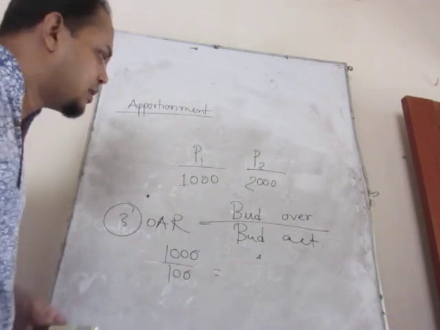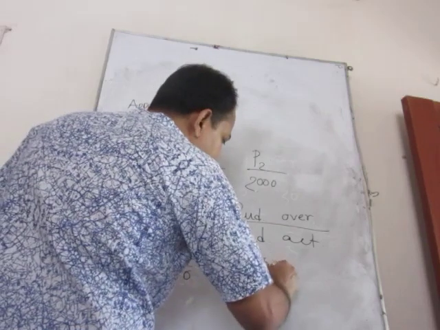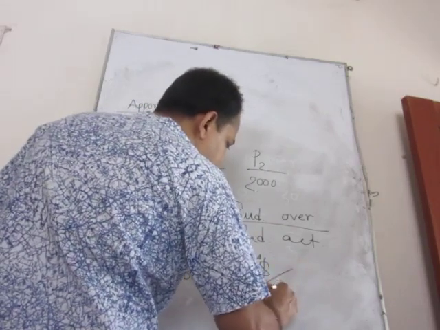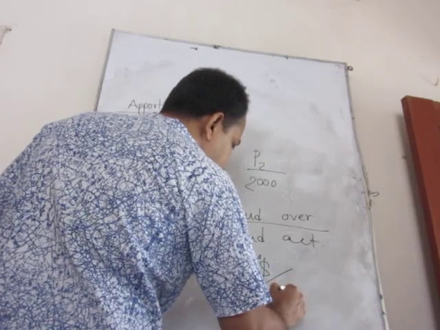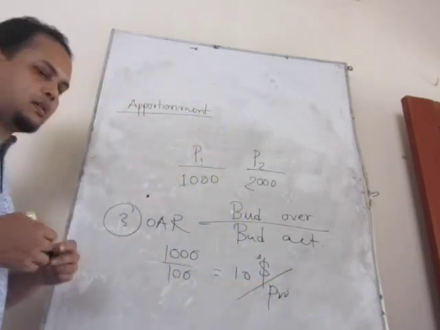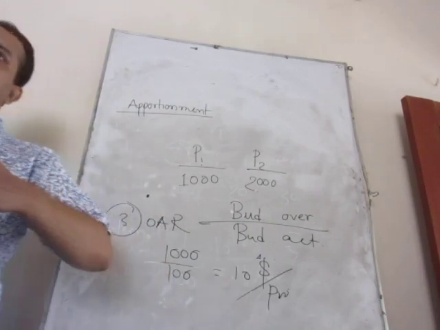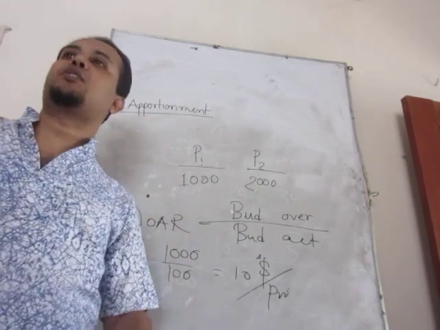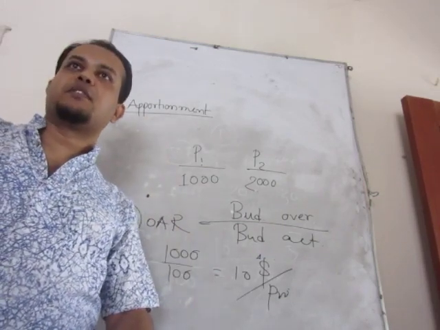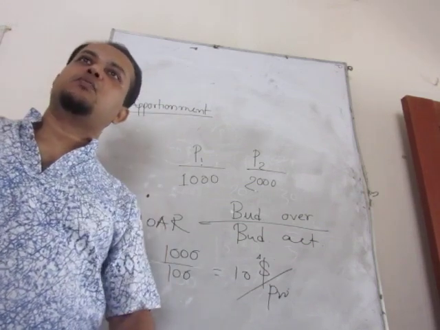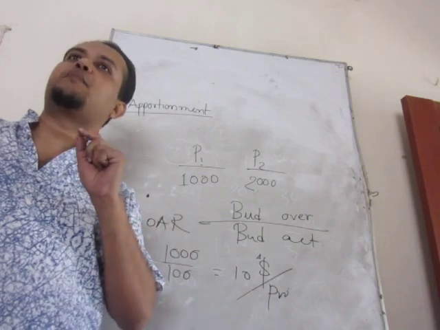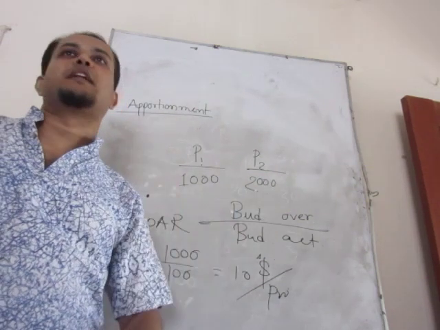In that case, this will provide you $10. That is, when you are using per dollar cost in the prime cost, for every dollar, $10 will be charged or absorbed for indirect costs.